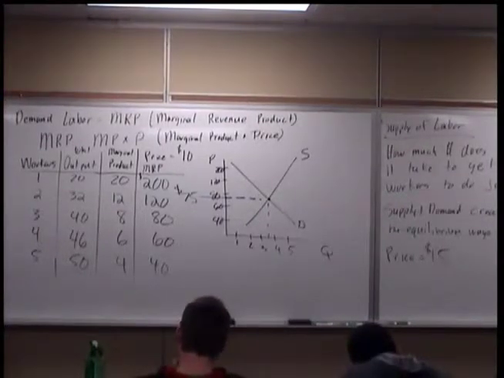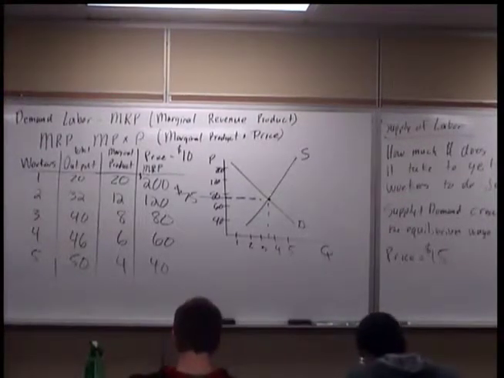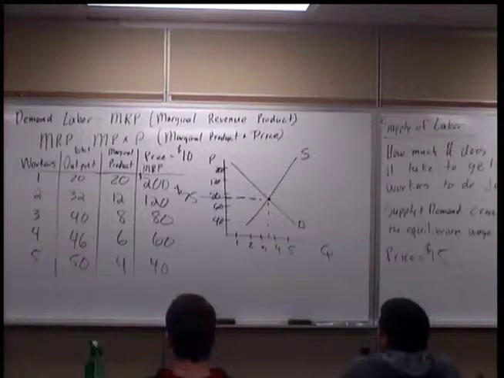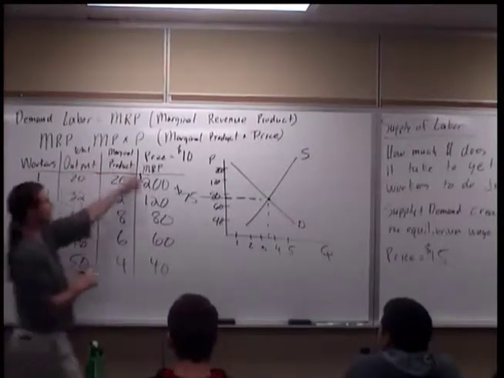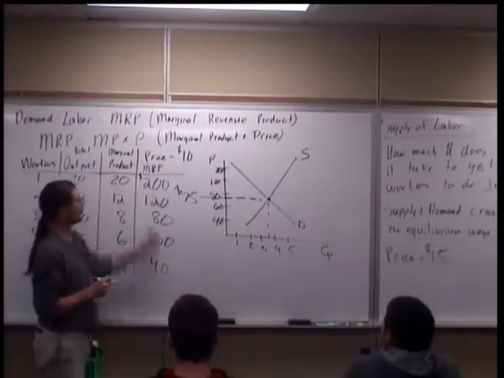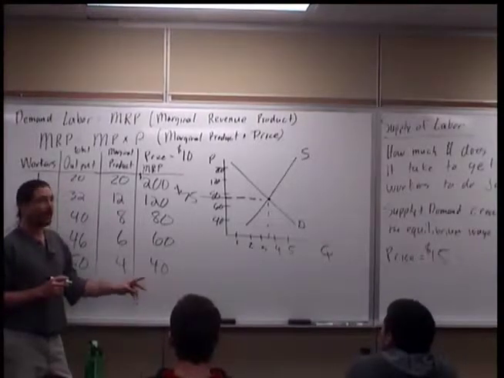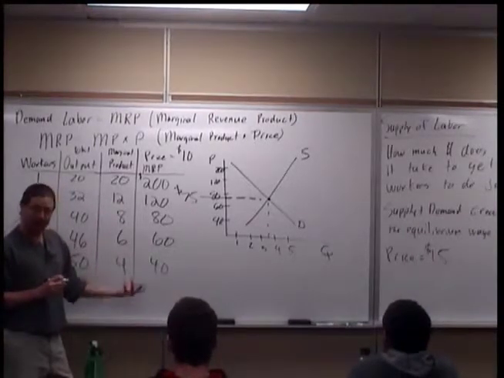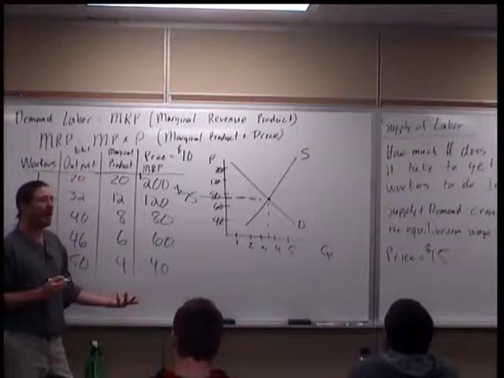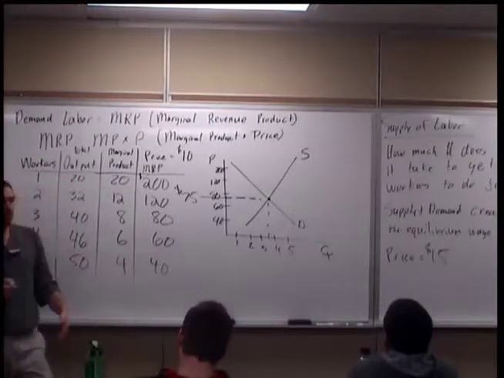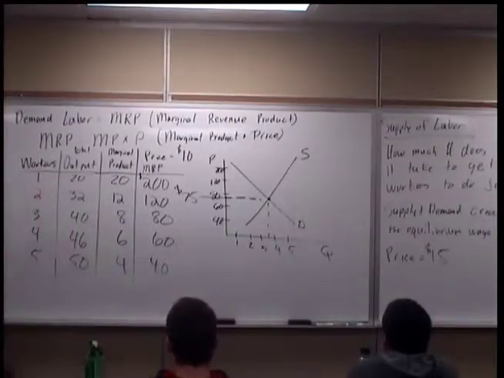No. Well, let's see. Think about it, right? If the price was $15, what changes up here on our graph or our table? The MRP all changes, right? Because right now we're assuming the price is 10. So if the business is able to raise its price to $15 per item, what happens to the amount of money that all of their workers are earning for them?